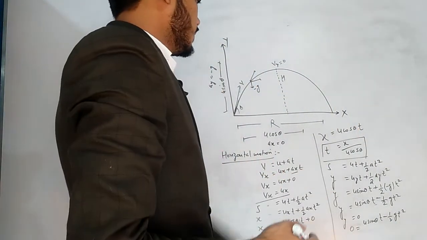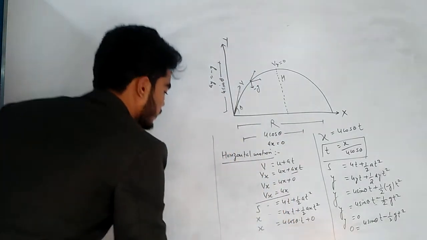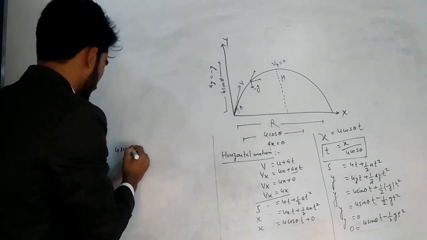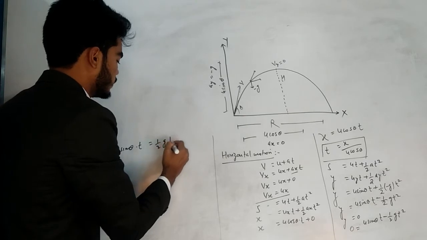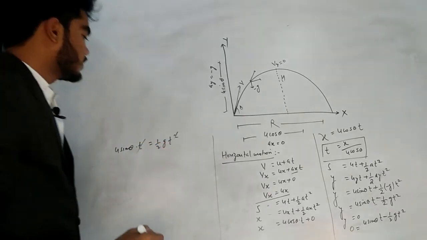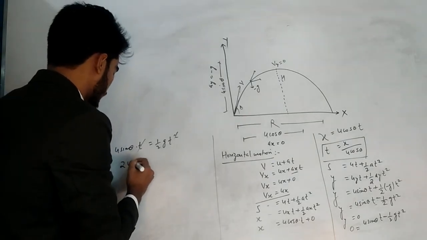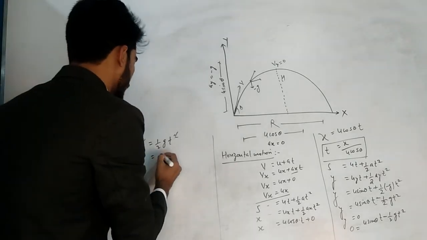So from simplifying this equation, we can easily find out that u sine theta into t is equal to half gt whole square. So this t will be cancelled out from this t, and the time is 2u sin theta upon g.